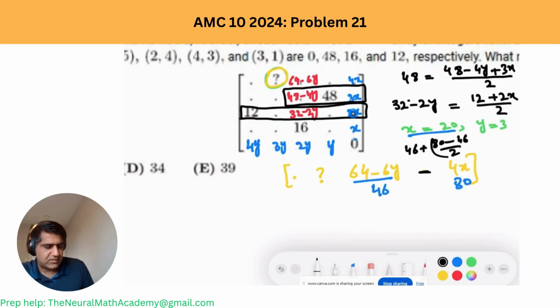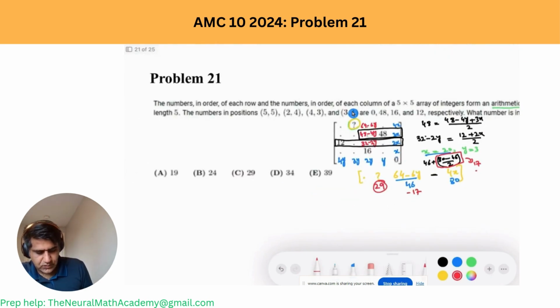This is basically our constant difference, which is 17 if you calculate it. Once I get the constant difference, I can simply subtract 17, and then this value is 29.